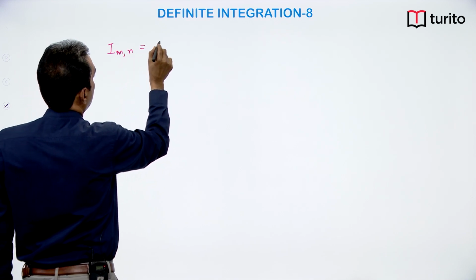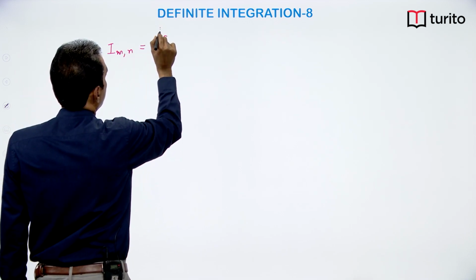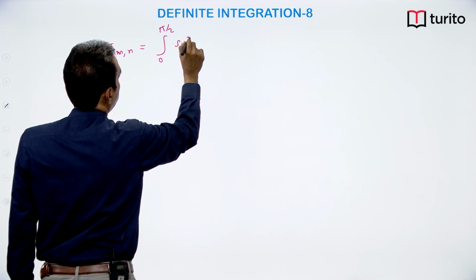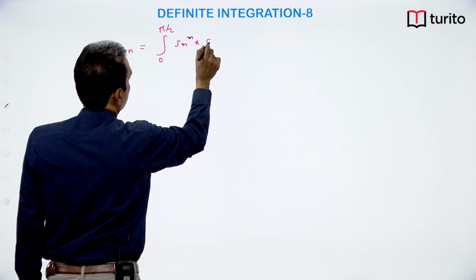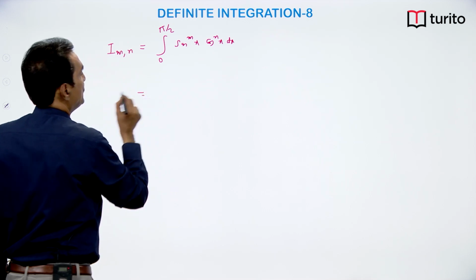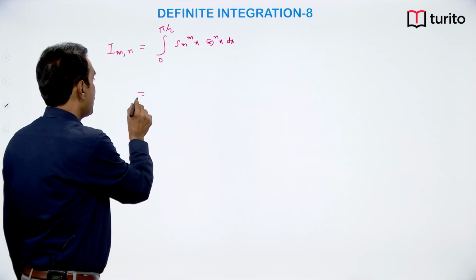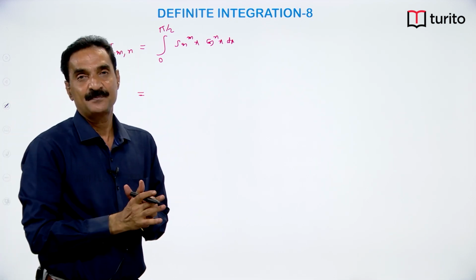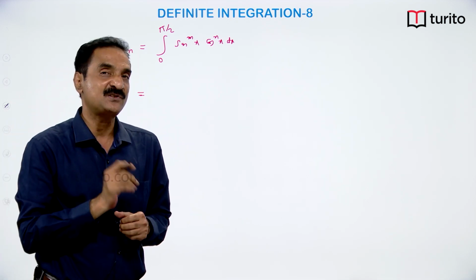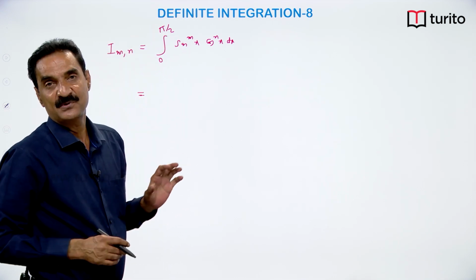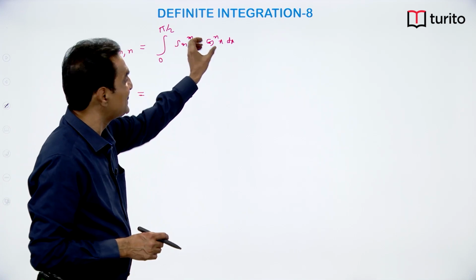Imn is equal to integral 0 to pi by 2 sin power m x cos power n x. In this reduction formula, integrate by parts, but for integrating by parts we need first function and second function. I want to reduce m, so I will separate one sin x.